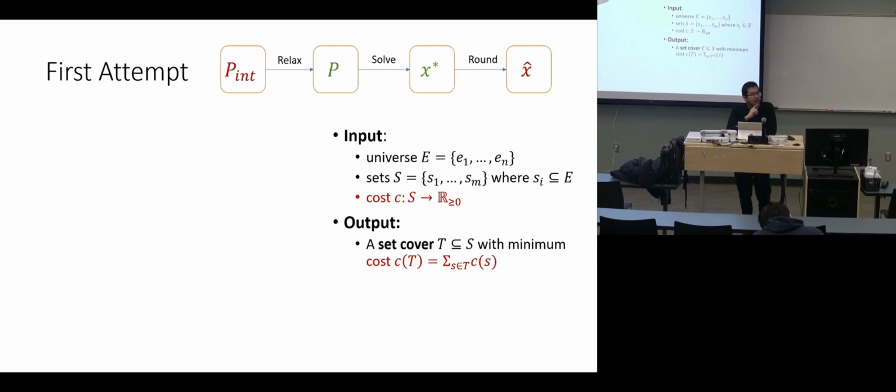It's like the same indicators for each thing in S. Yeah, because the solution is like a subset of S, right? So what we do is just for every set in S, you create x_S, indicating whether you choose S or not. And what about the objective?